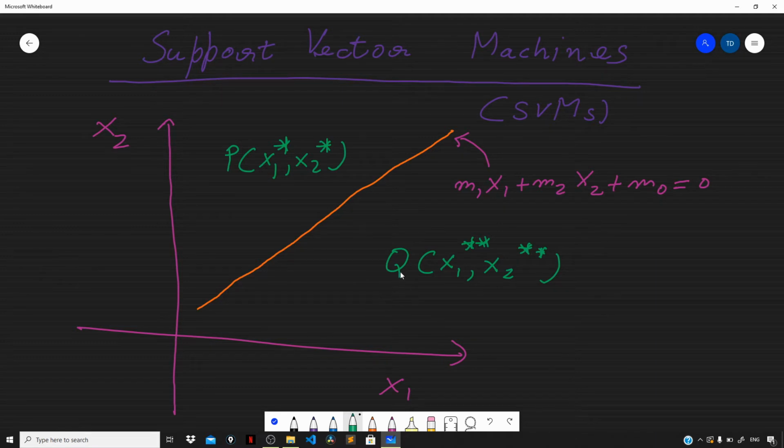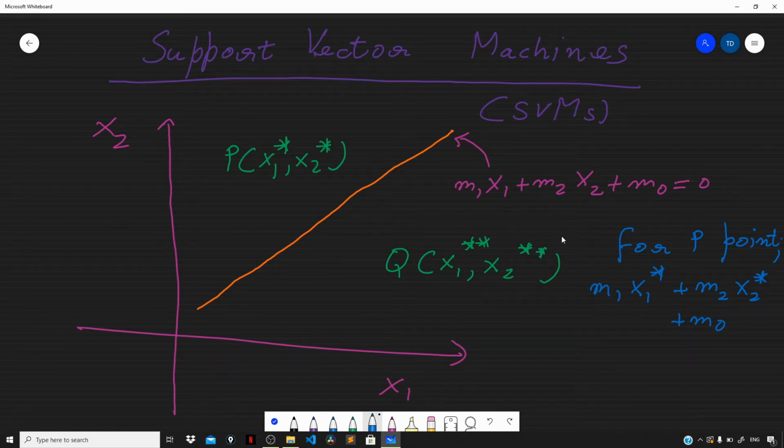Now let us put the coordinates of these 2 points in the given equation of line, which is one of the possible hyperplanes for our 2D space. So for point p, if we put the coordinates in this equation, m1 x1 star plus m2 x2 star plus m0, this will definitely not be 0 because it is lying in the area that is to the left of this hyperplane, right?